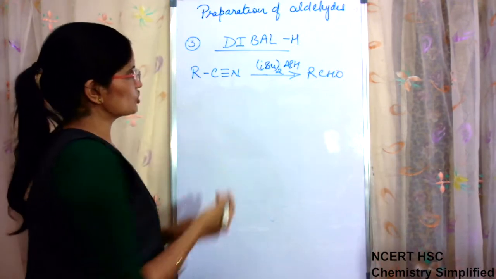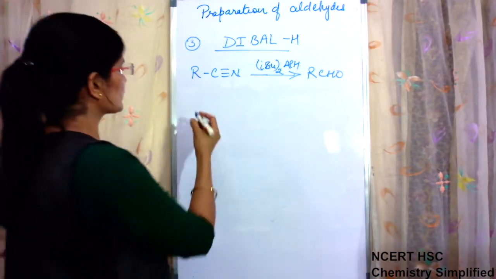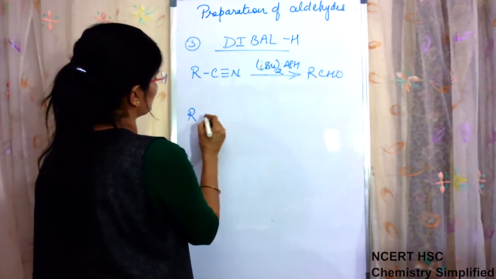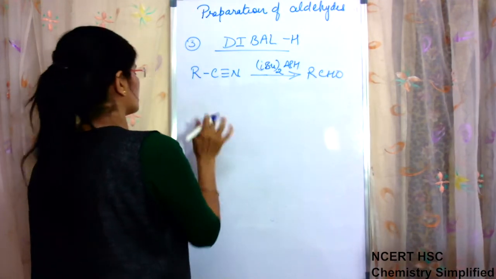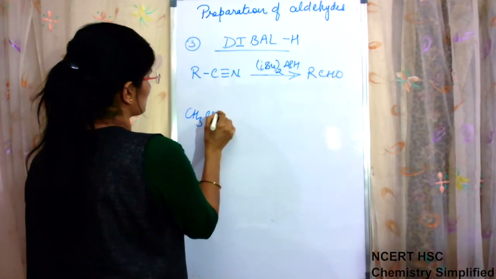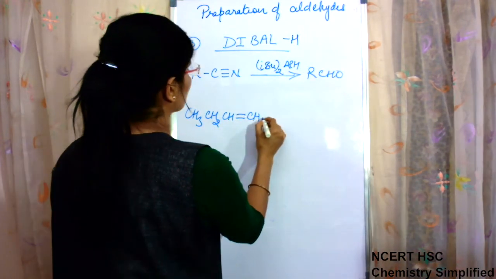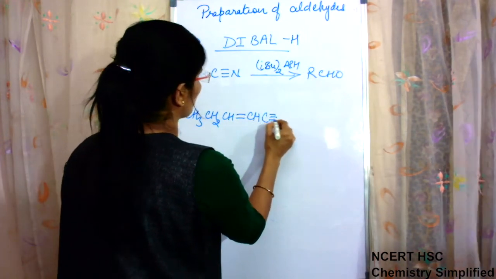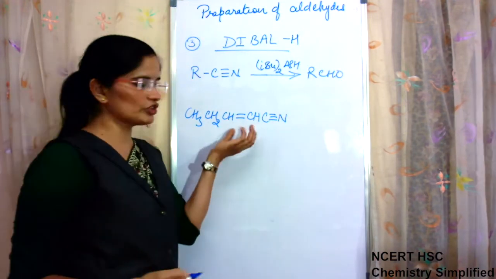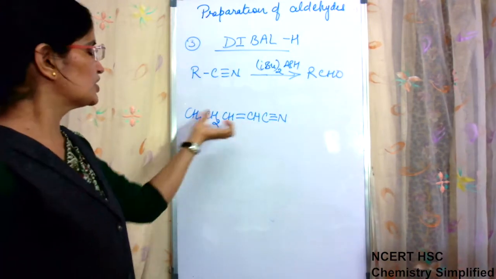One more specialty of DIBAL-H is that if we take one example, suppose CH3, CH2, CH double bond CH, then C triple bond N, a nitrile which also has a double bond in the chain.